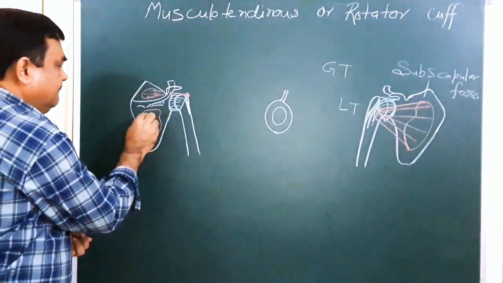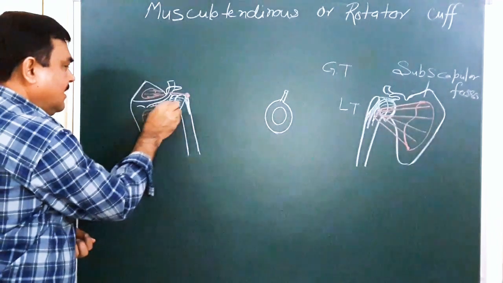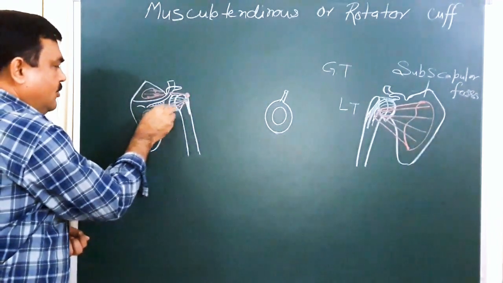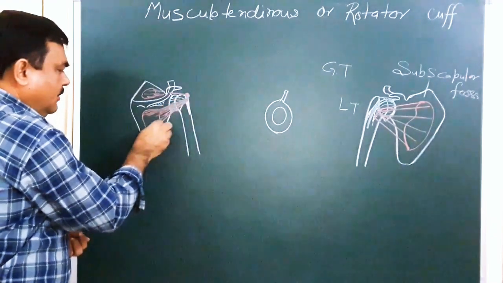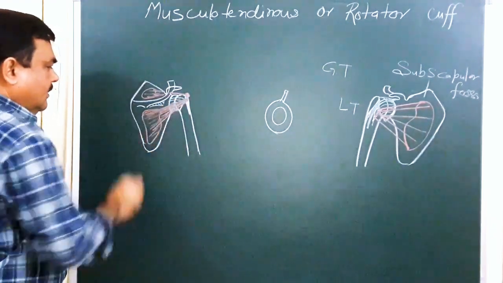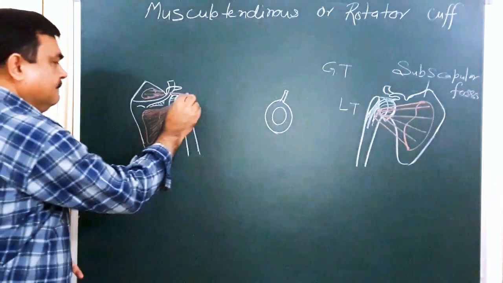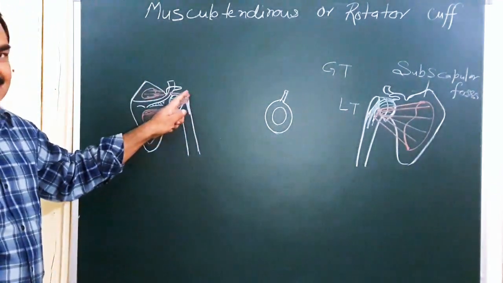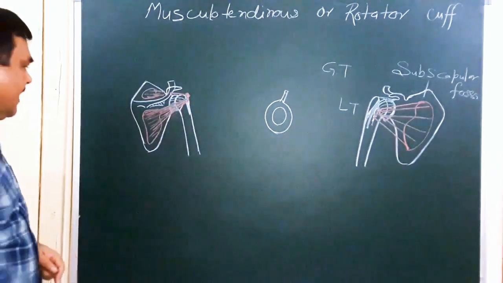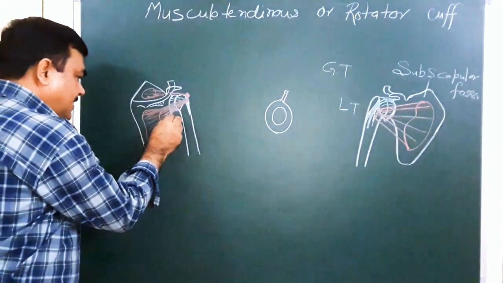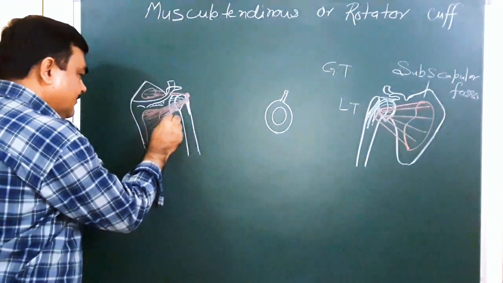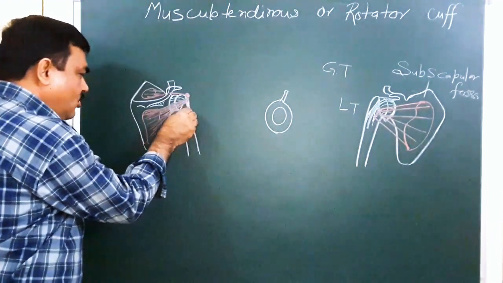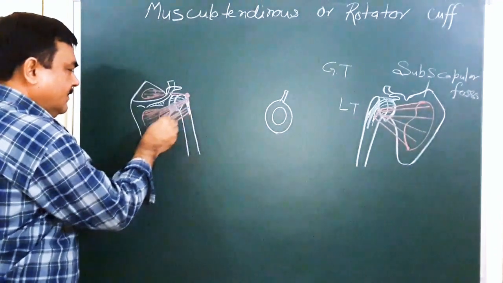This muscle is infraspinatus. This muscle is inserted on greater tubercle just below the supraspinatus. This is supraspinatus, this is infraspinatus, and another muscle is teres minor, which is attached on lower part.